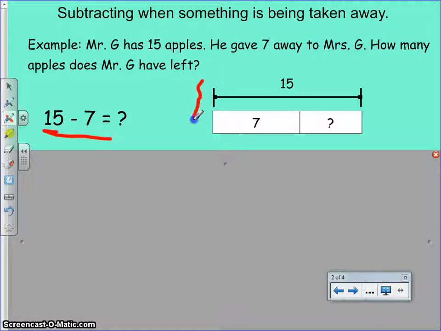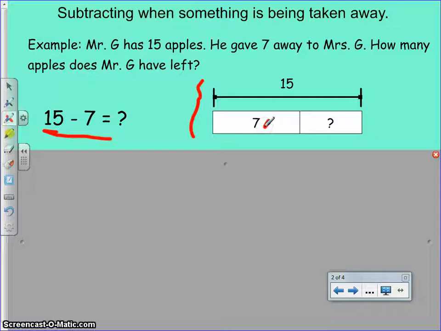Take a look at this little diagram right here. This is really important to recognize and see. We use these for adding and subtracting and multiplying and all sorts of stuff. This top number is the total number. That's the big amount. That's the total amount of apples I'm starting with. And then you see down here I have the number 7, and that's what I'm taking away.